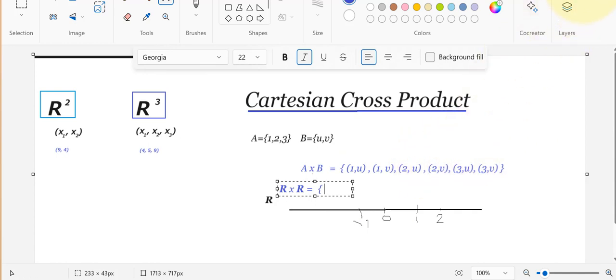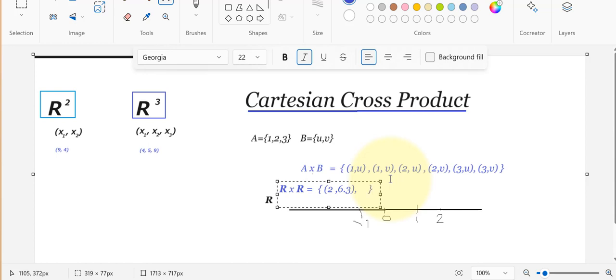We'd form ordered pairs where the first element is some element from R, say 2, and the second is some other element from R, maybe 6.3, and that would be one element in R cross R. Since there's an infinite number, we're not going to write them all out, but we could imagine all of the different such ordered pairs.